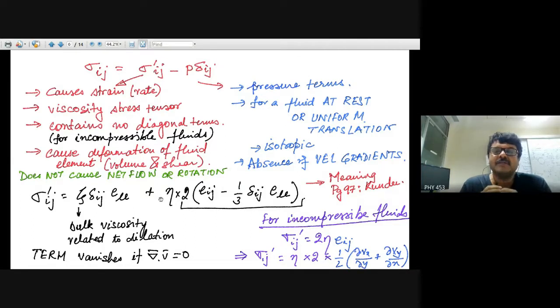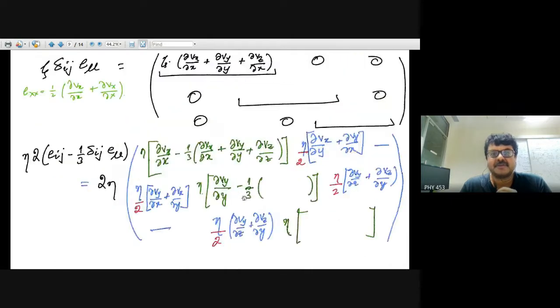Okay, so first of all, let's have a look at how this term is going to look, right? So here what it is saying is eta times 2 times Eij minus 1/3 delta ij ell, right?